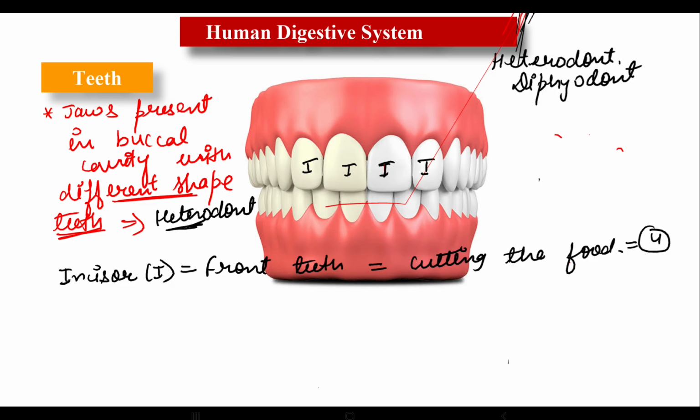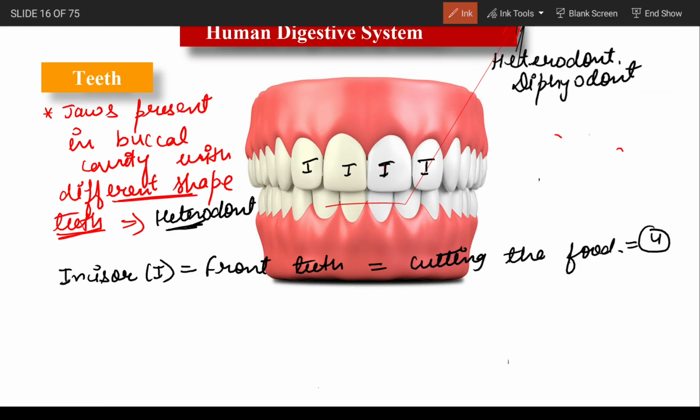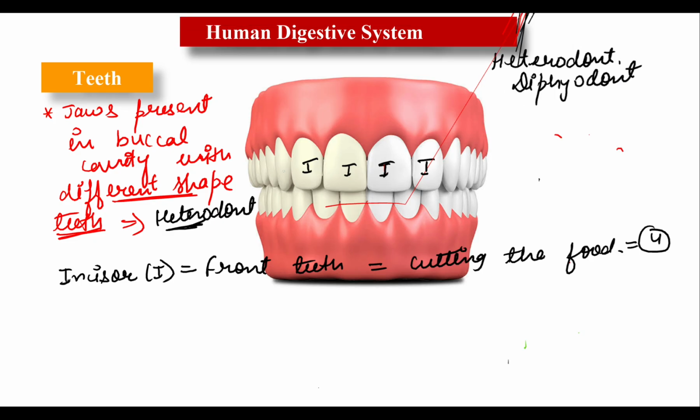Now let's talk about the next teeth. Incisor, and the next one is the canine teeth. Write down canine, which is denoted by C, and these are known as the eye teeth. Why do we call them eye teeth, beta? Because these are on the lateral side of the eye.